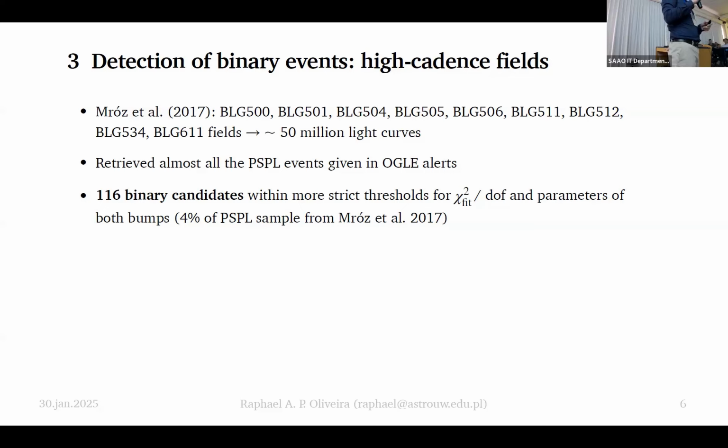So this corresponds to more or less 4% of the PSPL sample from Rus, 2017, and it's more or less consistent because they state that the binaries may account for 10% of the PSPLs, with the correction.